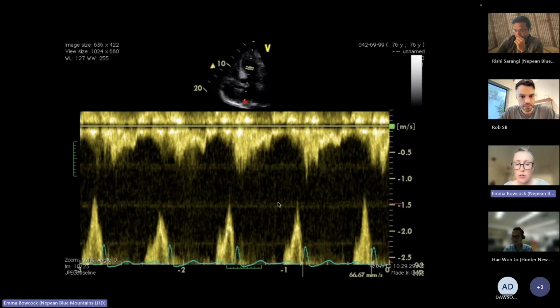And how could you correct this image? What strategies can you use to eliminate or minimize aliasing? So you can reduce the depth, that'll increase your maximum pulse repetition frequency. You can also adjust the baseline and velocity scale so that you optimize your image.